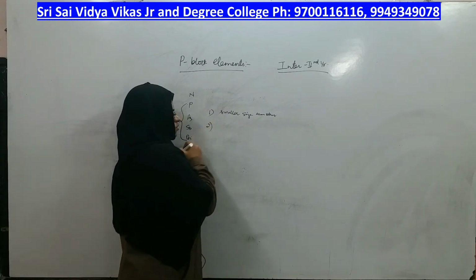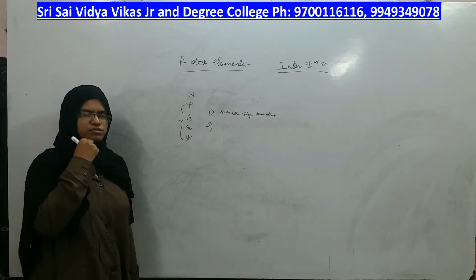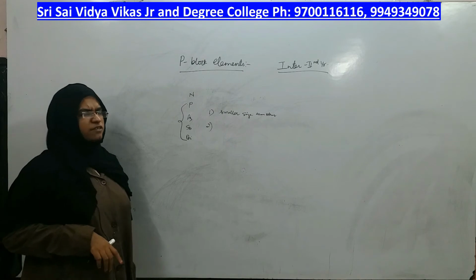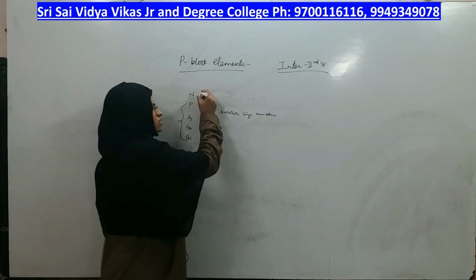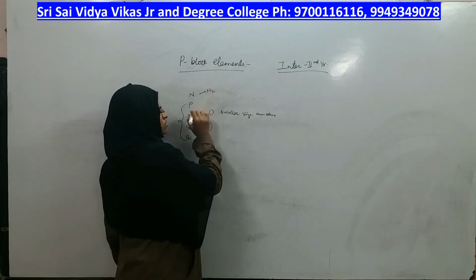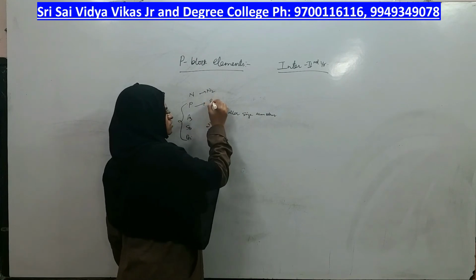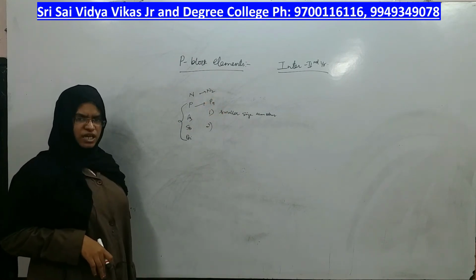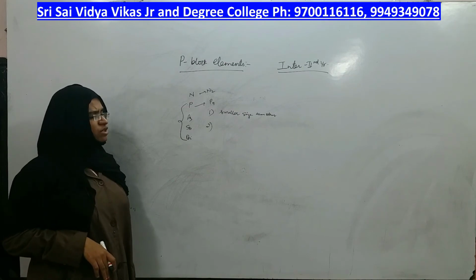What is the next abnormal property of nitrogen? If you make a molecule of nitrogen, you get dinitrogen. Same way for phosphorus, you get the P4 allotrope. Same way for others also might be there, right? What is the difference between N2 and P4?